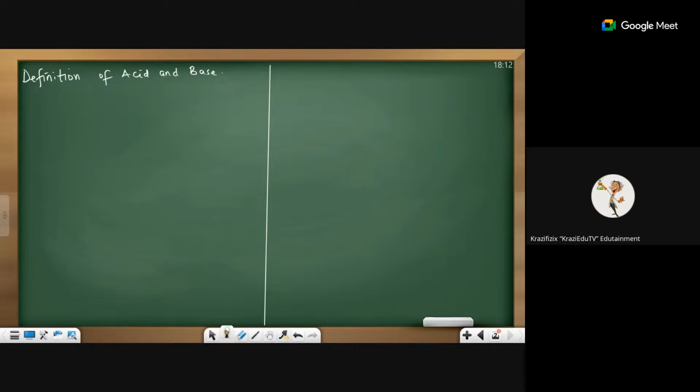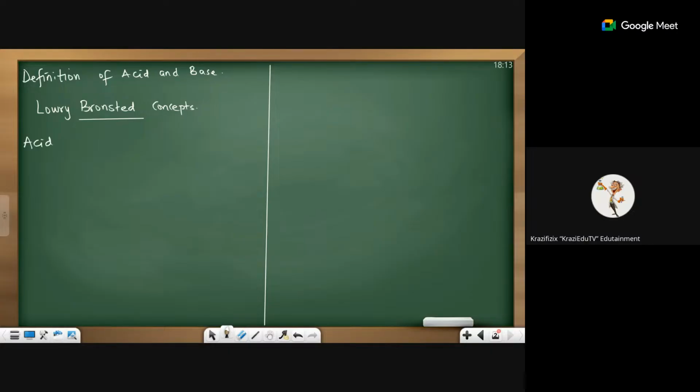Okay, now when we look at acid and base, there are two criteria of definition. Number one, we are going to look at the Lowry-Bronsted concept of definition. Examiners are going to be very, very clear on what they need. What is an acid?